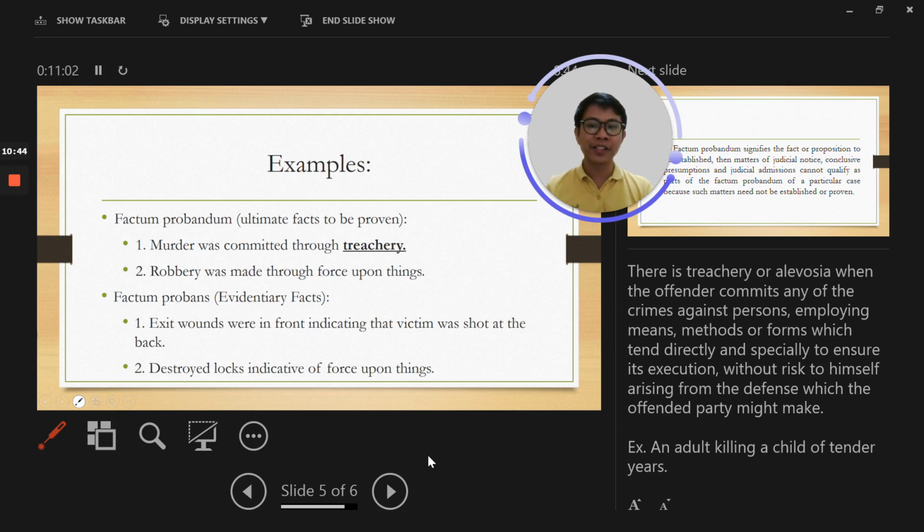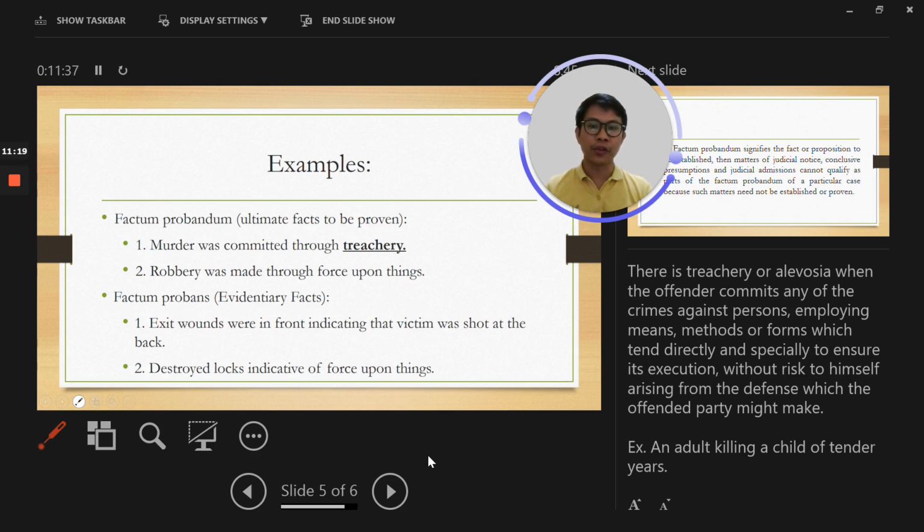Another example: in a case for robbery, we give as factum probandum that the robbery was made through force upon things. So what are the facts evidencing that the robbery was made through force upon things? In short, what is the factum probans in this particular factum probandum?